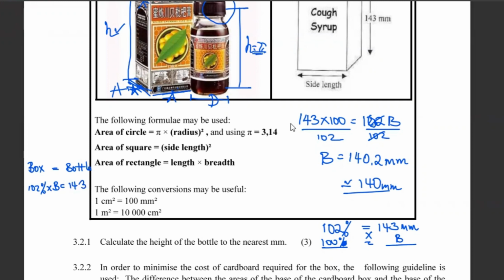Because this is a percentage, divide it by 100, which gives you 1.02 times b equals 143. Divide through by 1.02 and you get the same answer, which is approximately 140.